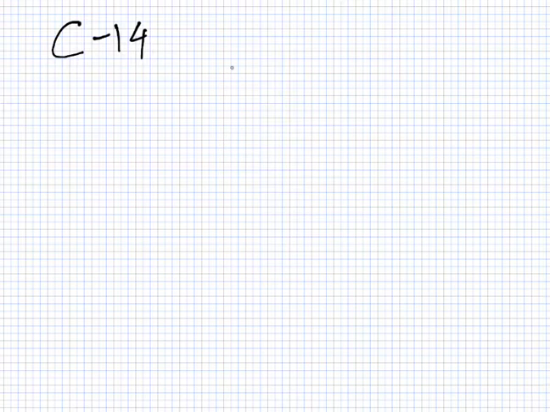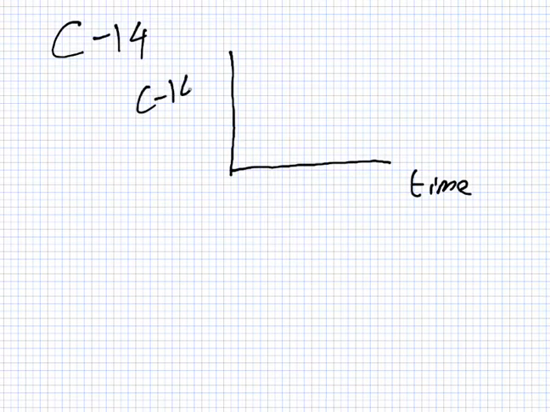So what happens is, at the beginning, when the animal, plant, or person just dies, the carbon-14 is at 100%, or whatever the amount is. But then after time, it decreases.